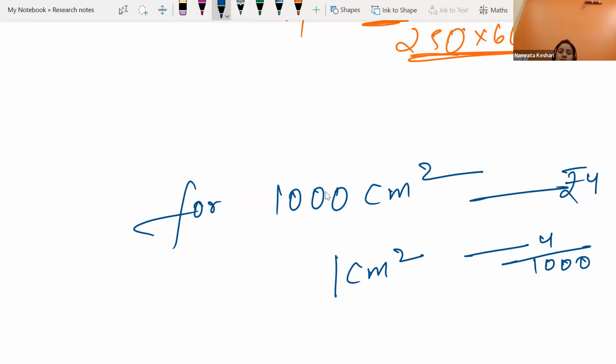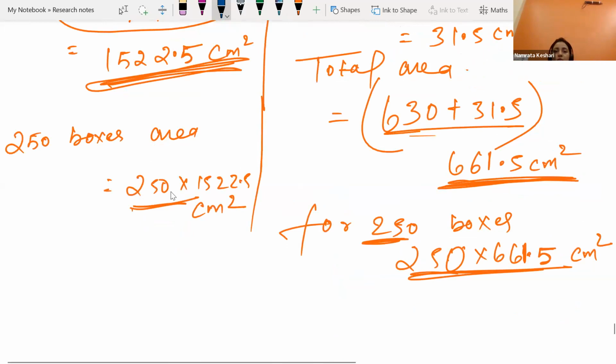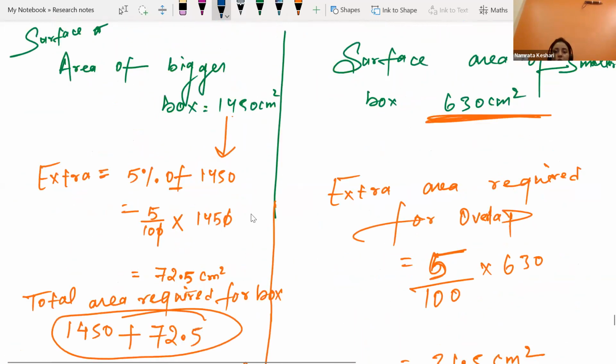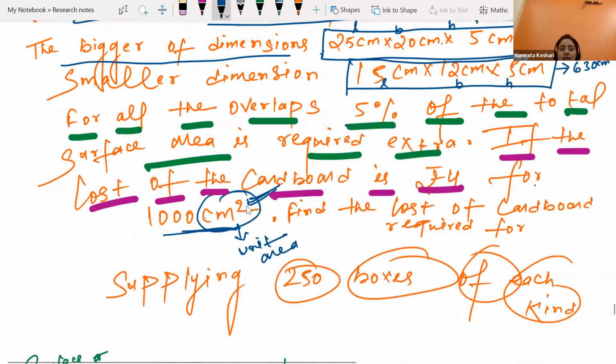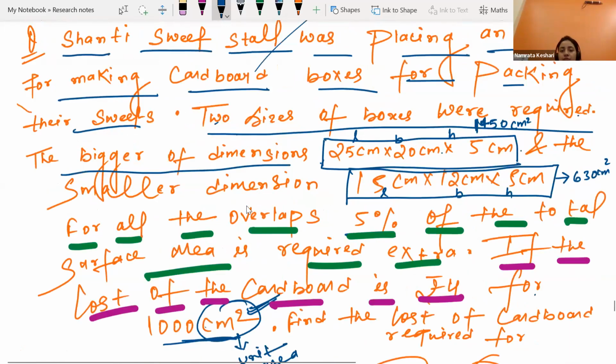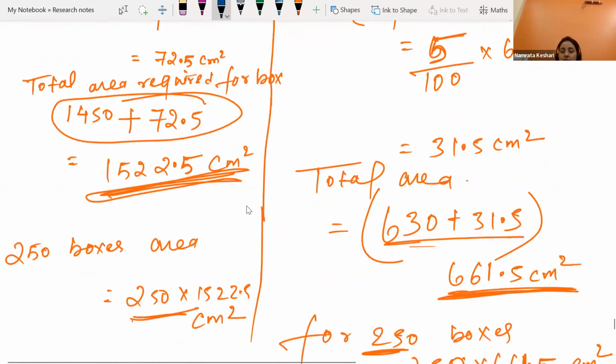Yes, ma'am. Okay, everyone is getting it. And we have to find what will be the total price according to our area. This area we are having, so we have to do the multiplication. Have you done, Arhan?